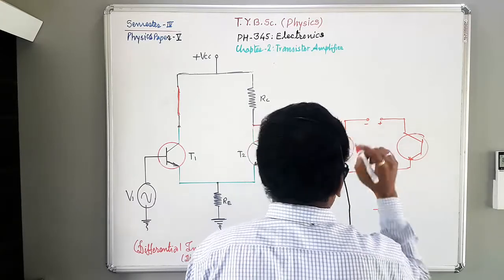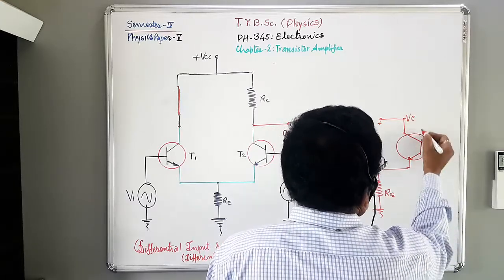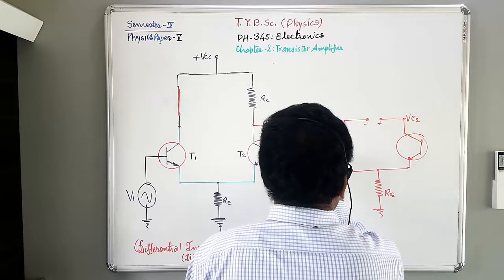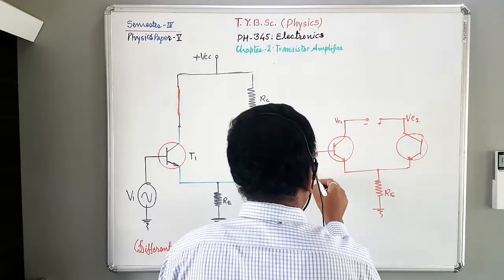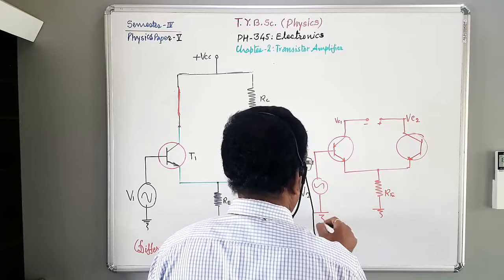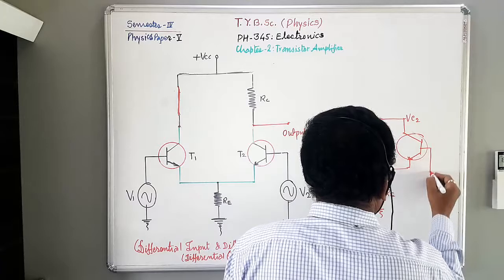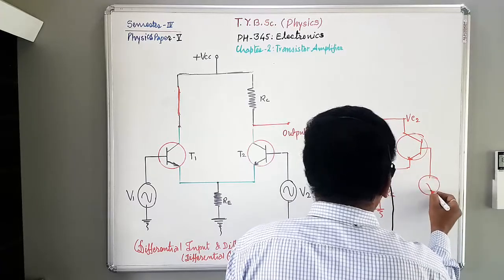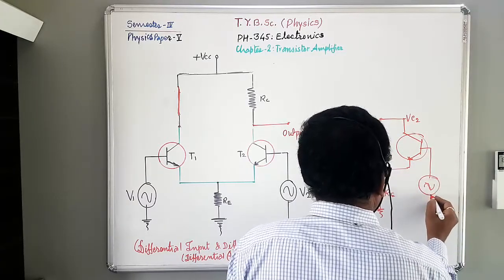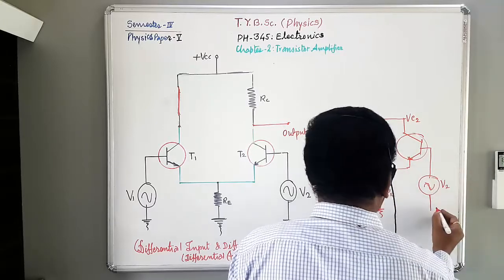This is the collector, and the collector voltage of the first is VC1 and the collector voltage of the second one is VC2. This is the base through which the signal is connected. So this is input voltage V1, and the second input signal is connected through this base.